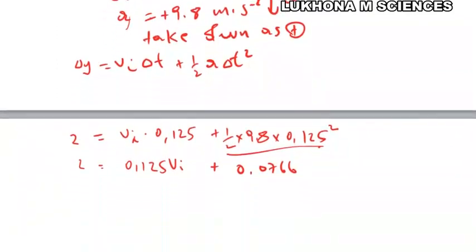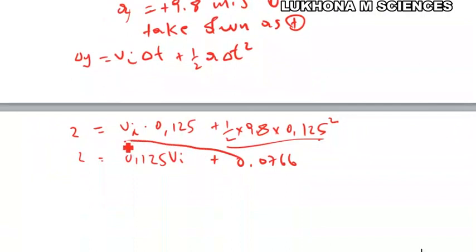Now we need to transpose this one to this side. It will change sign. Then it's 2 minus 0.076, which gives 1.92, equal to 0.125 v initial.